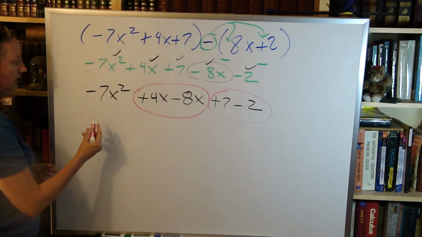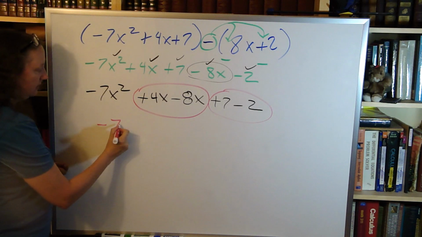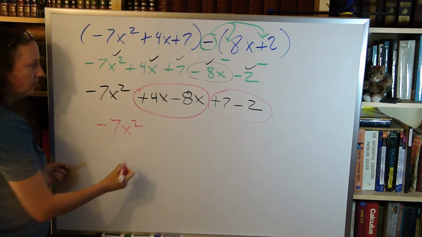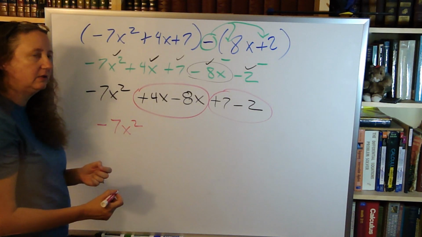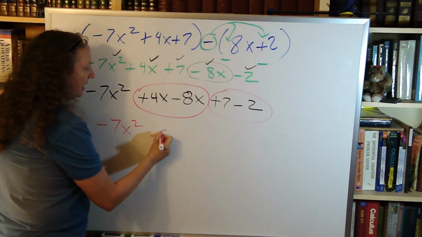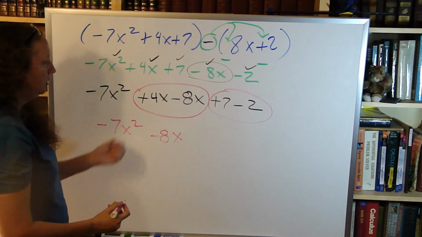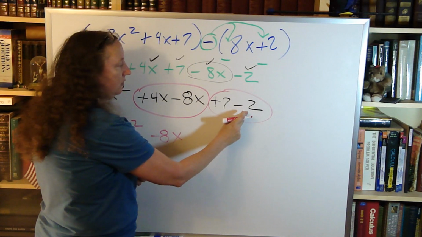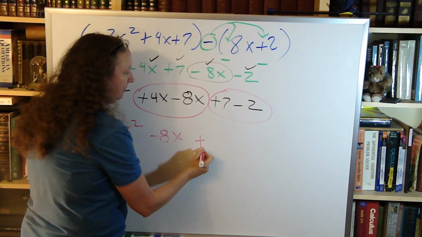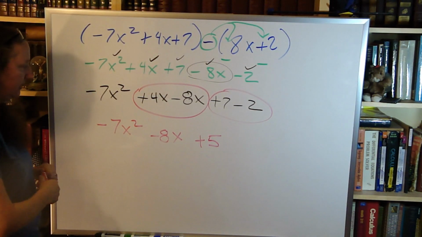Constant terms. So my negative 7x squared just gets carried forward. I combine these, plus 4 minus 8 gives me minus 8, gets the x with it. Use your calculator if you need to figure that out. Plus 7 minus 2 gives me plus 5. Again, use your calculator if you need help to get that done.